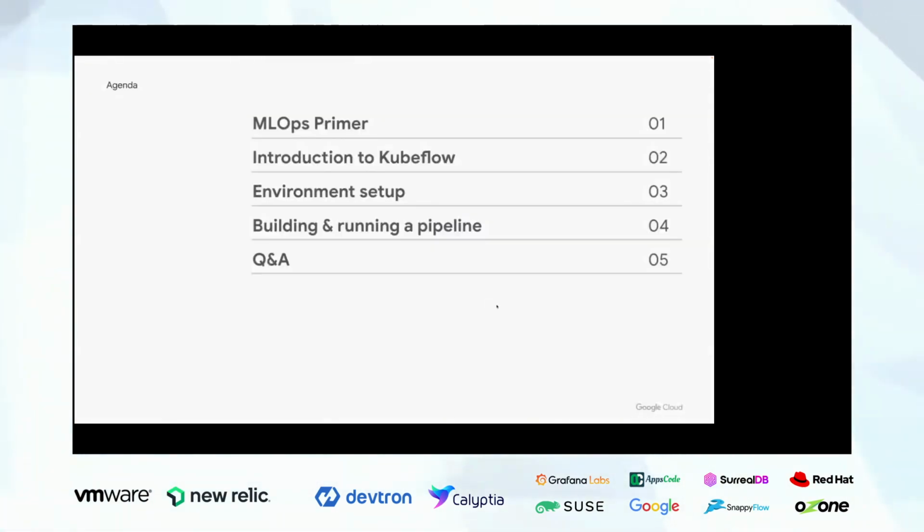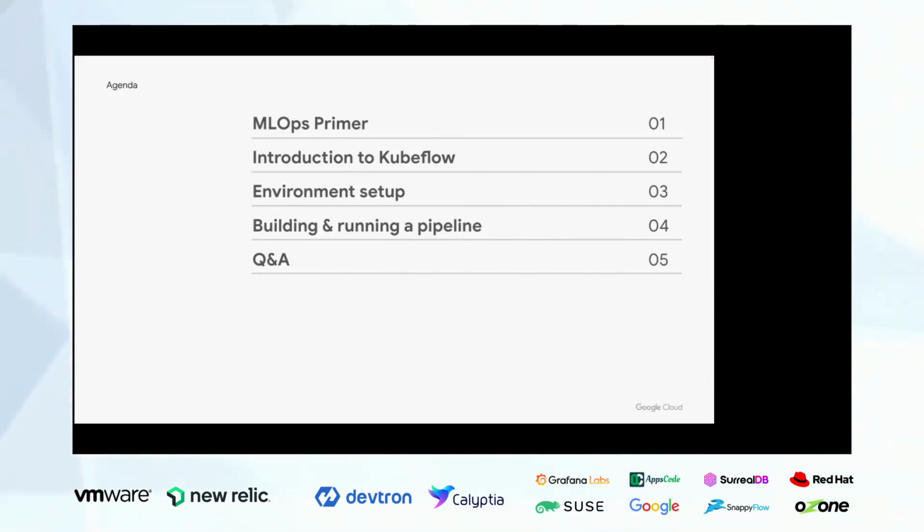So just to set up the agenda, it's obviously a 3 hour workshop. I'll take a few minutes to talk about the boring stuff on the slides. I'll start off with the MLOps primer and give a brief introduction to Kubeflow.